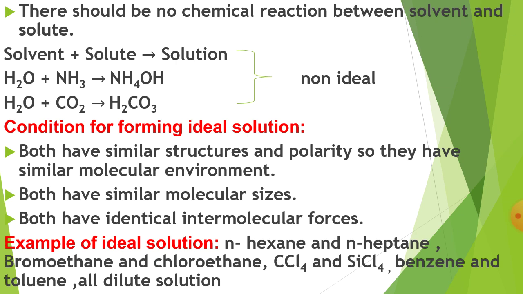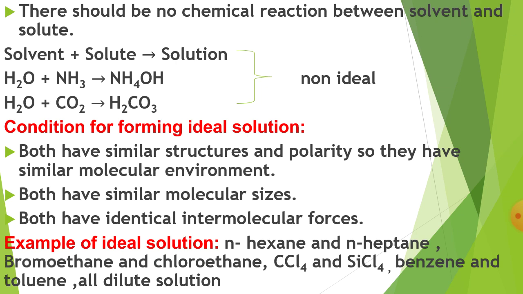Next example, bromoethane and chloroethane. Bromoethane and chloroethane both have similar polarity, that is, dipole-dipole interactions, and similar structure. That's why they also form an ideal solution. CCl4 and SiCl4 both are non-polar molecules. That's why they have van der Waals force of interaction and similar structure, that is, both are tetrahedral.